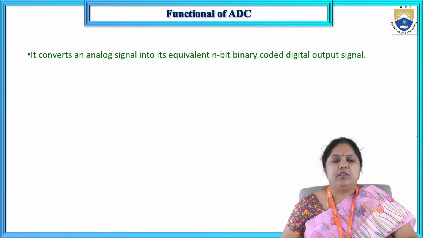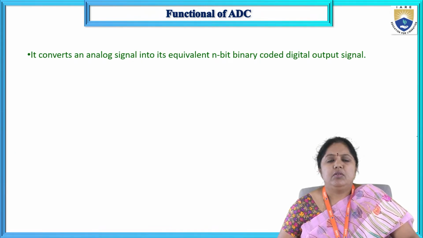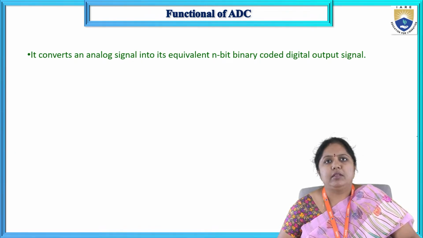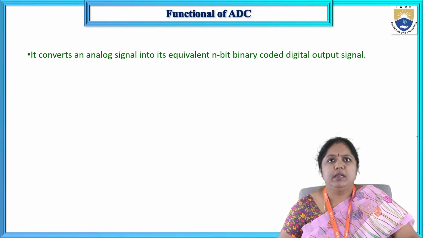First, let us see what is the importance of the analog to digital converter. In the previous classes we discussed the digital to analog converter. In a similar form, an analog to digital converter is a converter circuit where we give the analog signal as the input and it generates a binary code.